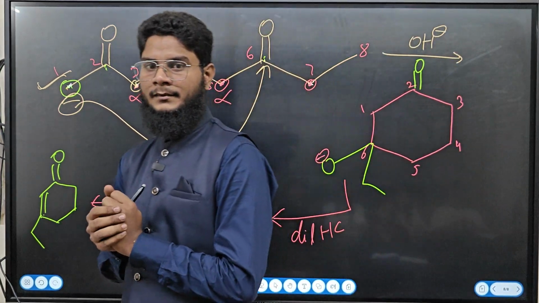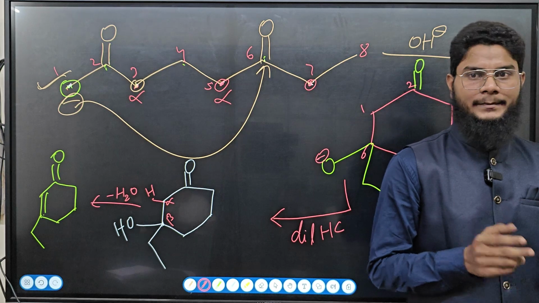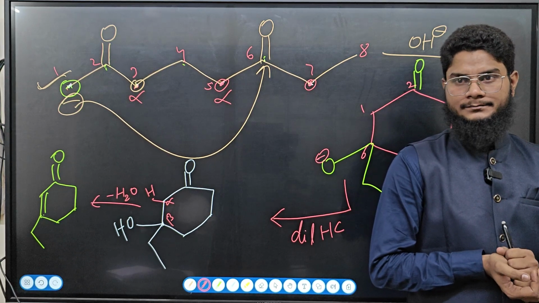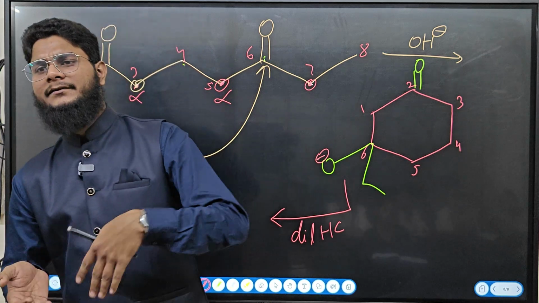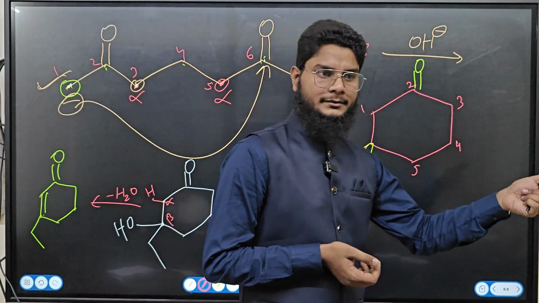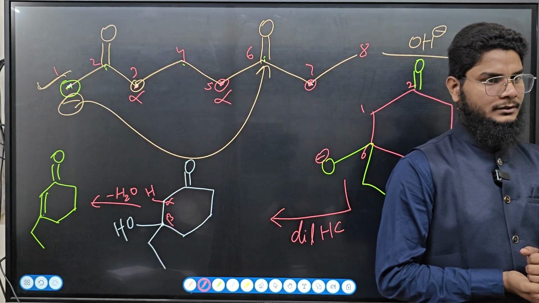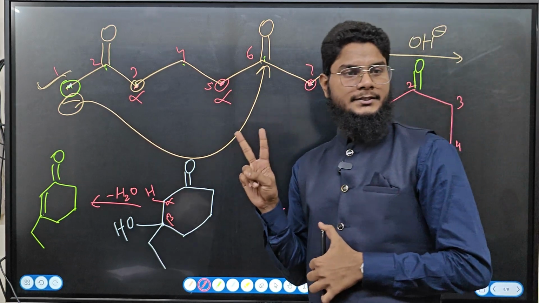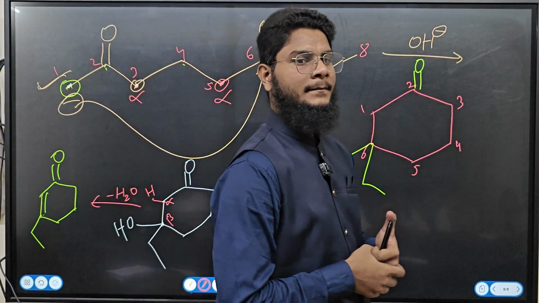So what have we discussed? Aldol condensation. Aldol is the mixture of two functional groups, aldehyde and alcohol. And in the aldol reaction, any carbonyl compound reacts with dilute base and forms an enolate, and that enolate combines with another molecule of carbonyl compound. Means the mechanism contains how many steps? 2 steps. What's the name of the first step?